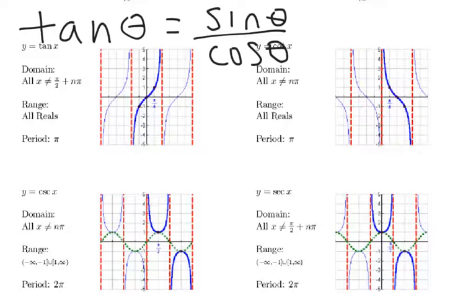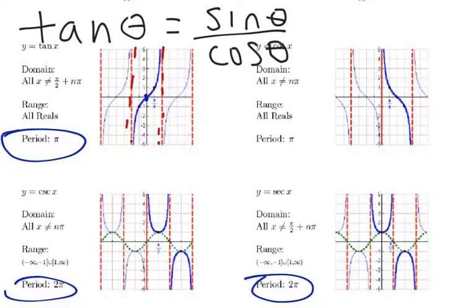Wherever cosine is 0, which is in the denominator, that is where we get those vertical asymptotes, and wherever sine is 0, that's where we get our roots. And we know that the period even changed to just pi, when the period for sine, cosecant, and secant was 2 pi.